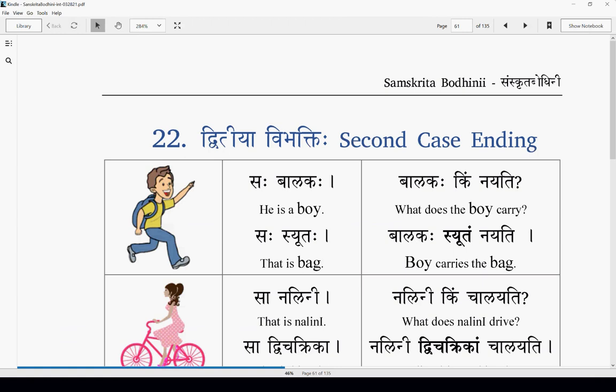By adding a Vibhakti pratyaya to what? To a noun base. A noun base is called a pratipadikam.